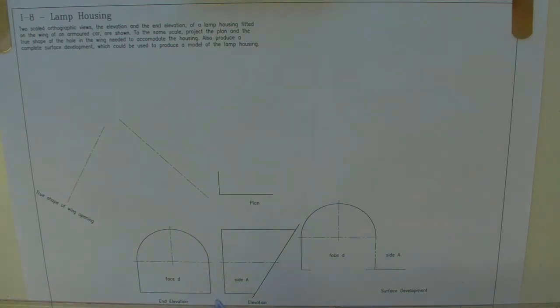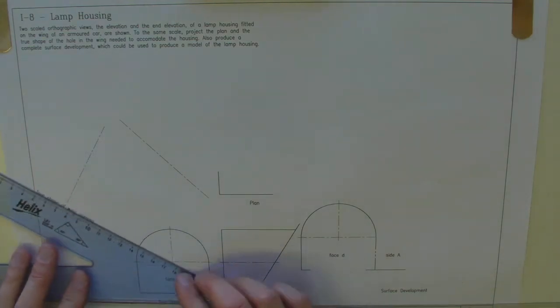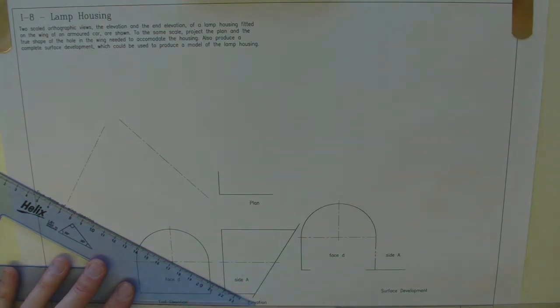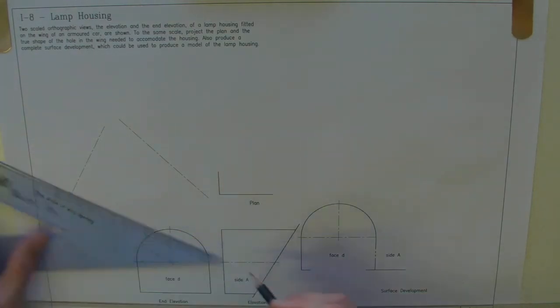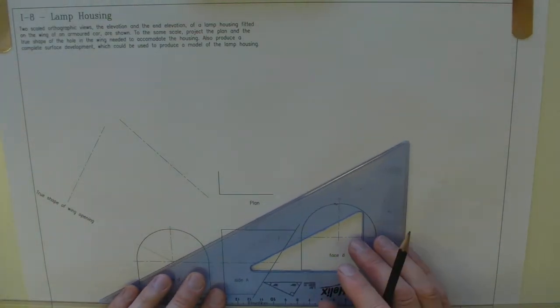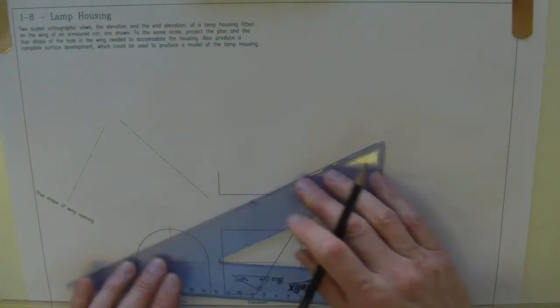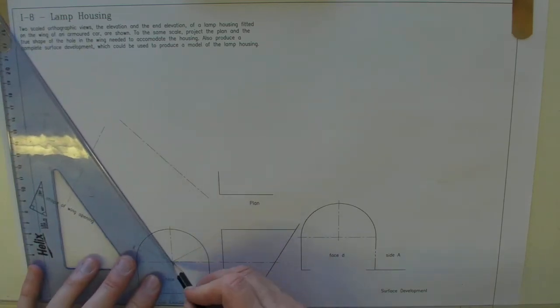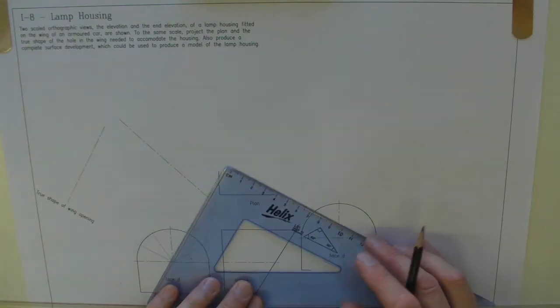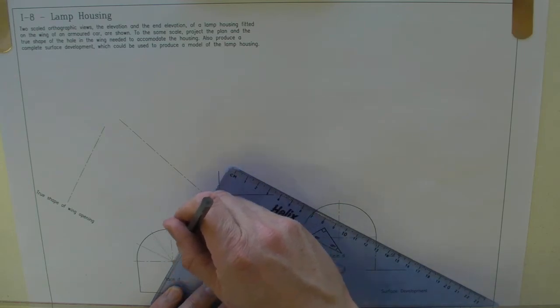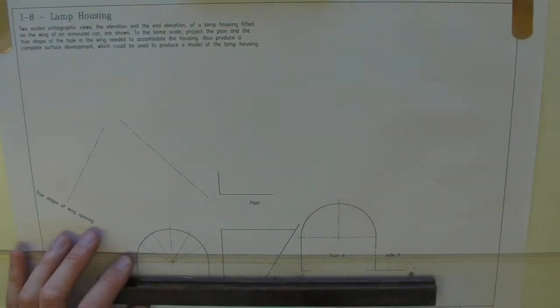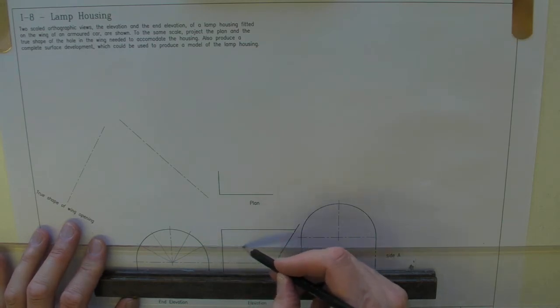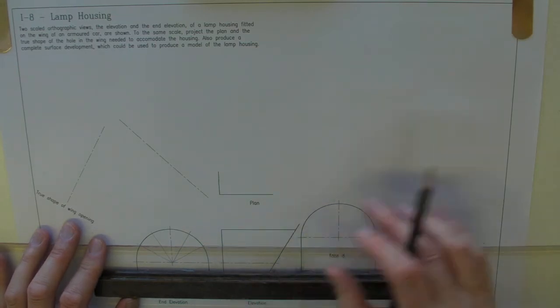So how do we do it? Well, it's like any of these kind of drawings that you do. You have to use generators in order to produce it. Okay, so what we'll do is we'll start off by drawing generators on this here. Pretty much, if you're kind of stuck on anything that's geometric and you've got a curved shape, start drawing in some generators and you're probably going to be on the right lines. Okay, and then from them we're going to project these points across until they hit the sloping side here.